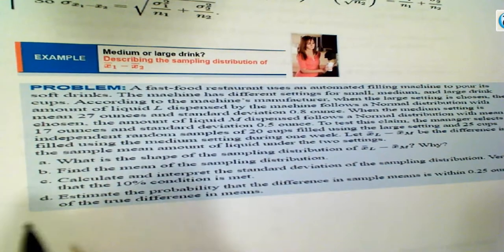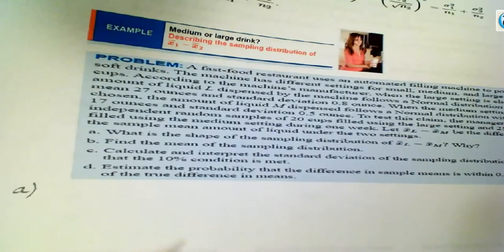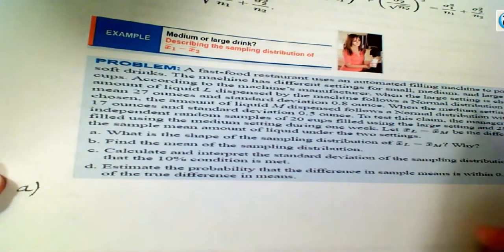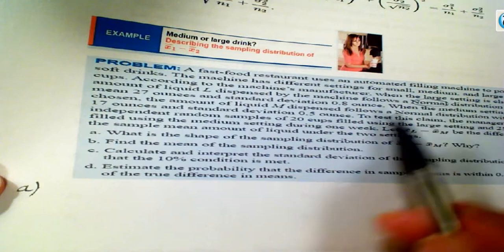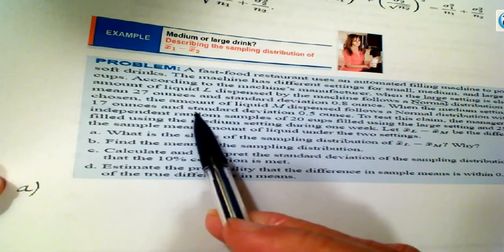So part A, what is the shape? Well, when you read through this, both populations have a normal distribution.